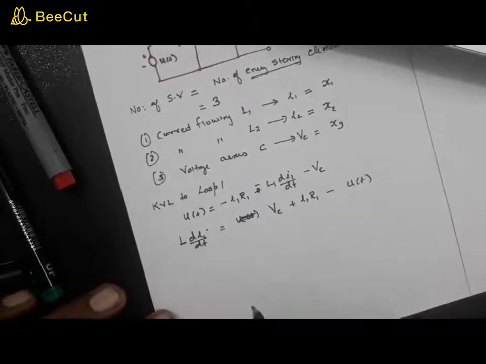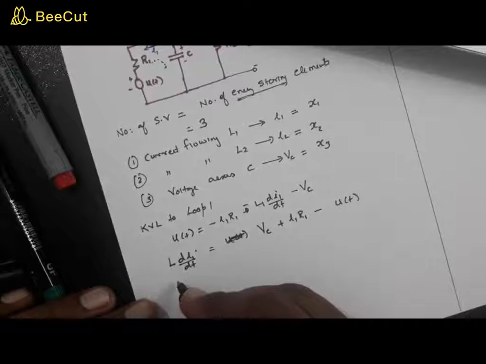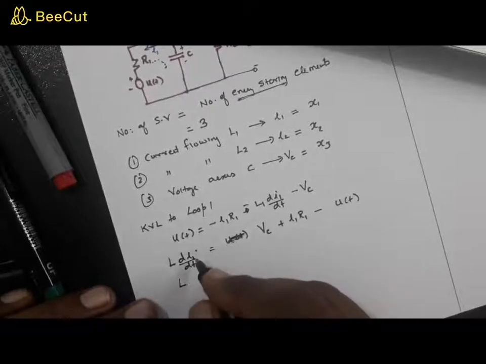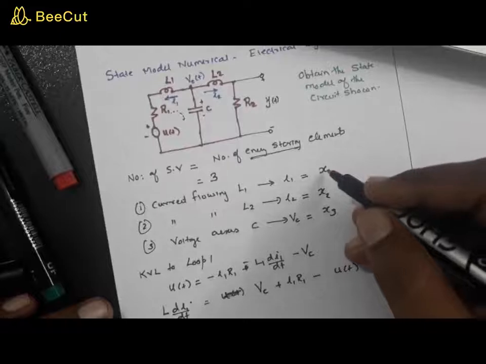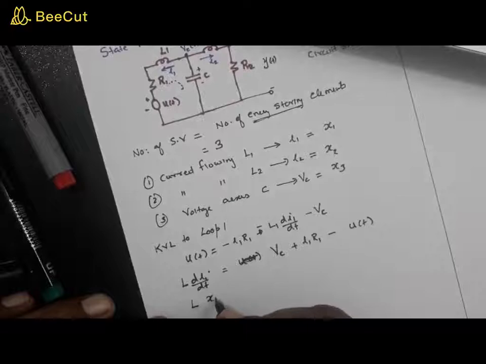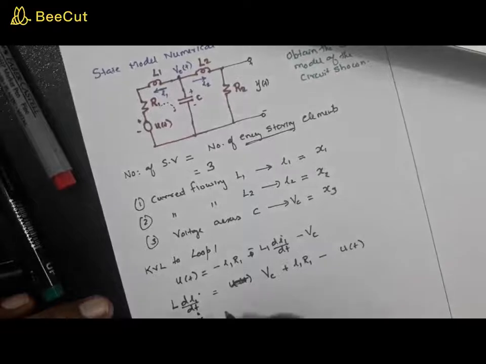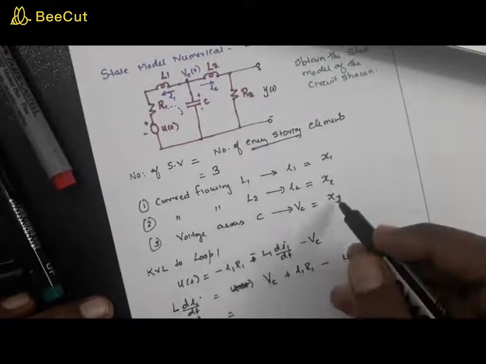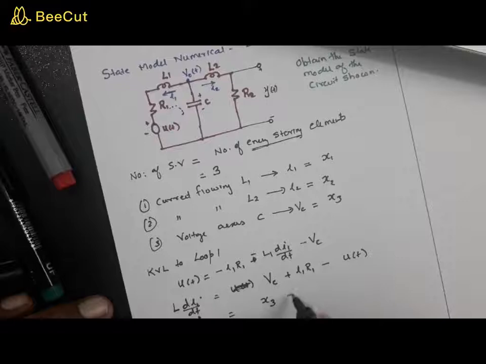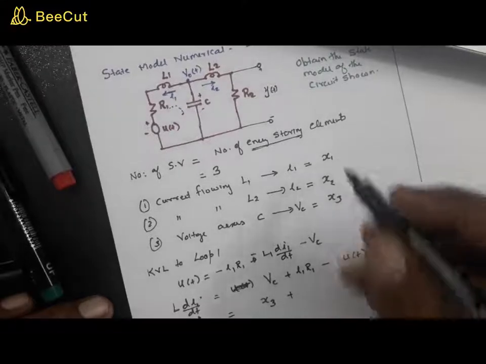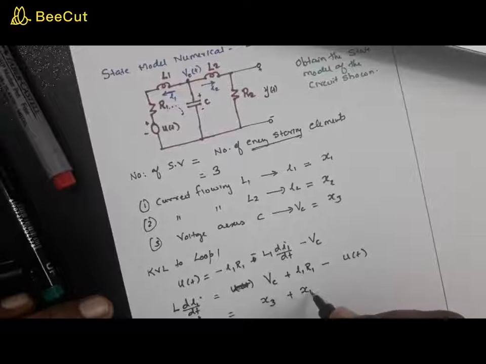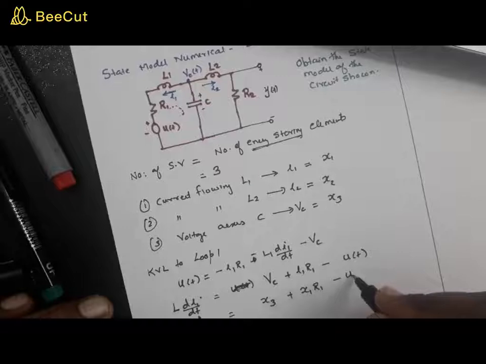So you can write this equation as L into di1 by dt. What is I1? I1 is x1, so di1 by dt must be x1 dot, right? So L into x1 dot is Vc, which is already assigned to be x3, plus I1, assigned to be x1, so x1 into R1, minus U of t.